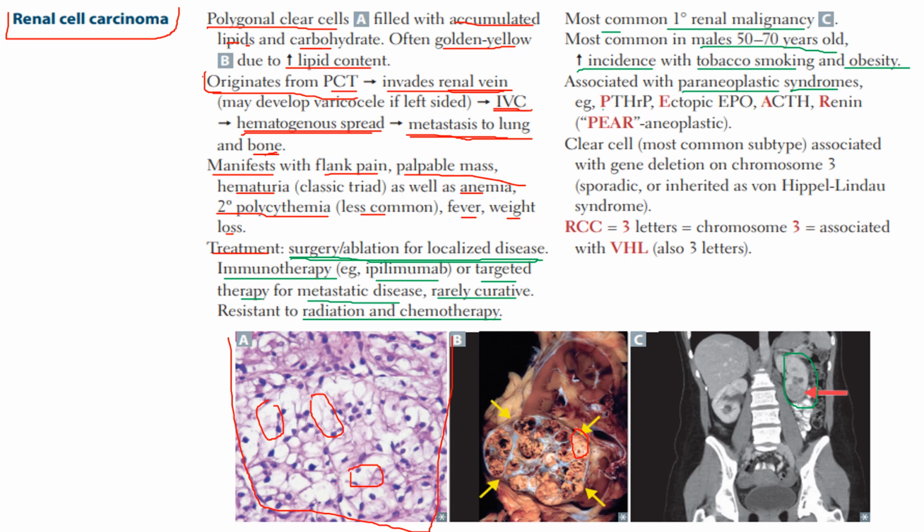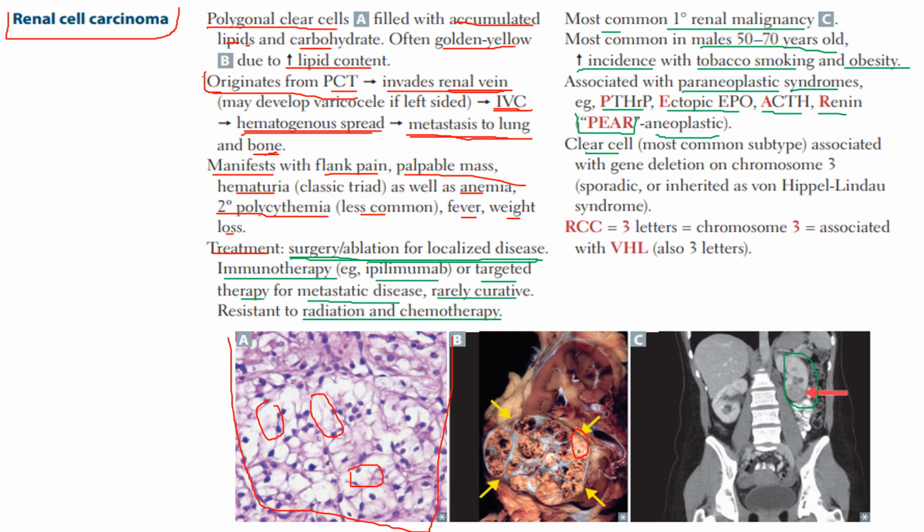Examples are parathyroid hormone related protein, ectopic erythropoietin, adrenocorticotropic hormone, and renin. You can remember it by the mnemonic PEAR: P for parathyroid hormone related protein, E for ectopic erythropoietin, A for adrenocorticotropic hormone, and R for renin, which are paraneoplastic.